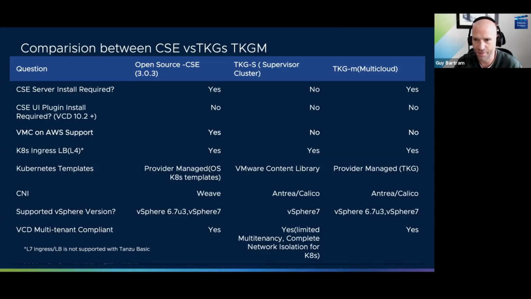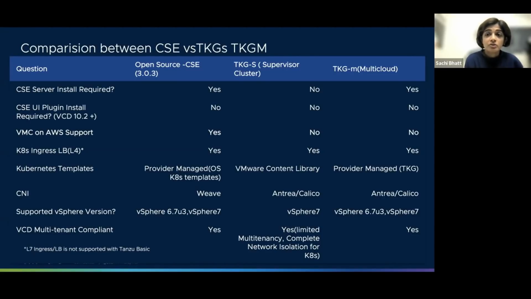Okay. And so it looks like from a CSE perspective then, that with TKGS, you don't need CSE. Yes, so only TKGS doesn't require CSE server installation. And starting from VCD version 10.2, we don't have to install any UI plugin as well.